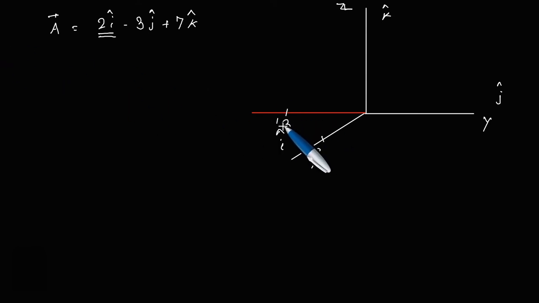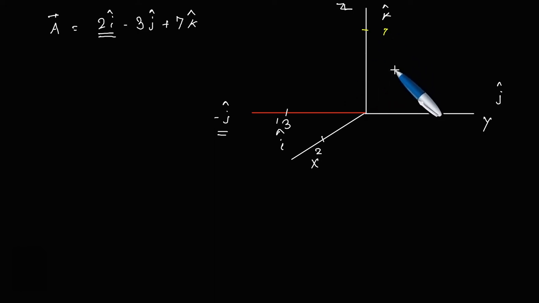Okay, I got it. That means minus 3. And we know that a vector cannot have a negative scalar, negative magnitude, I mean. So we write down 2, 3, then 7. Let it be 7 is here.